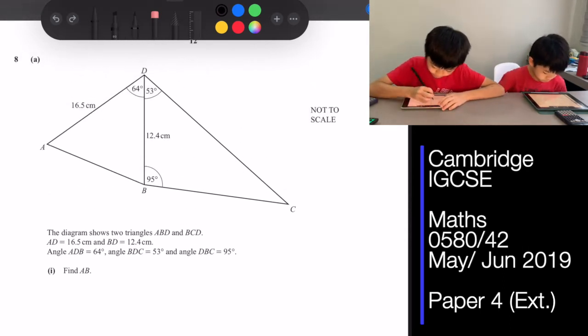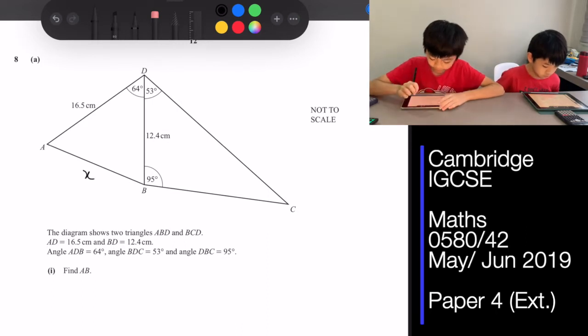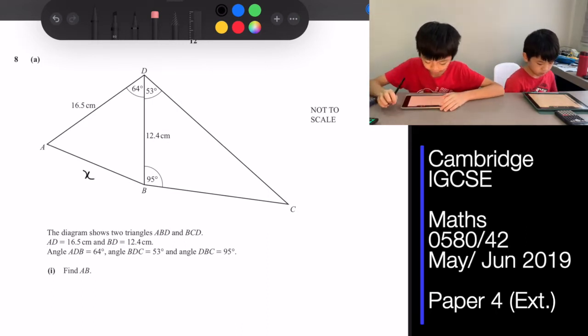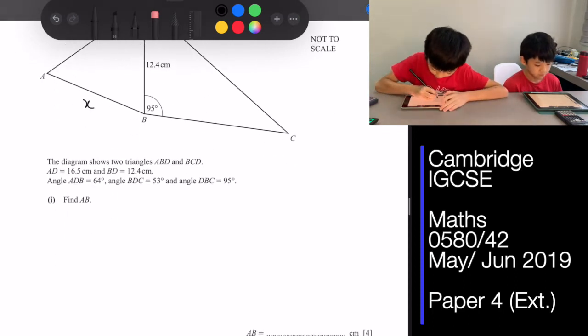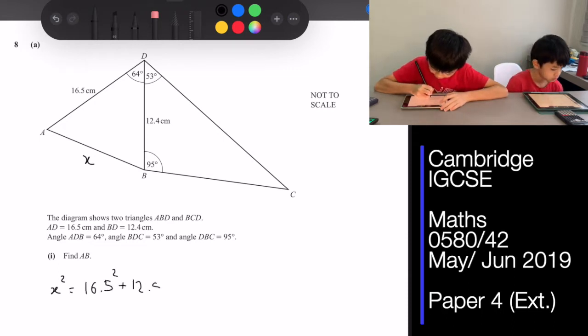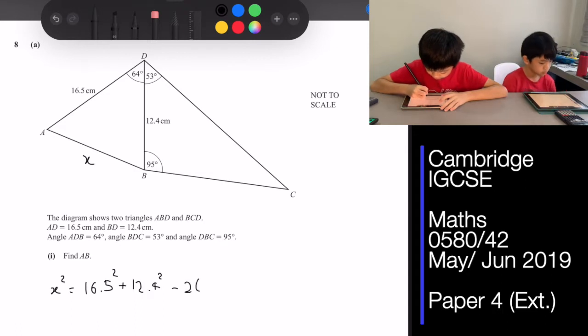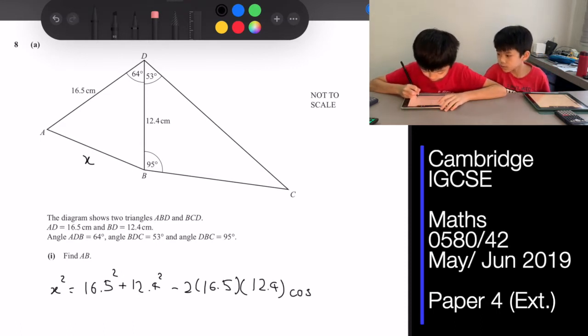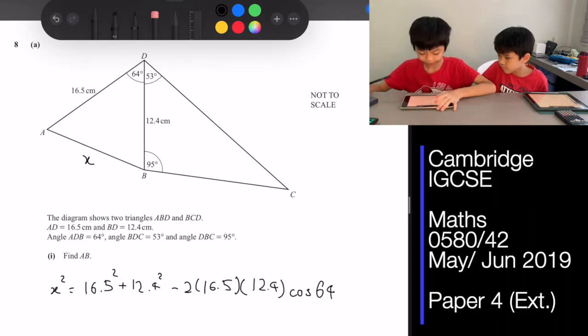So this over here is X. We're going to use the cosine law to find AB. So X squared equals 16.5 squared plus 12.4 squared minus 2 times 16.5 times 12.4 cosine 64 degrees.